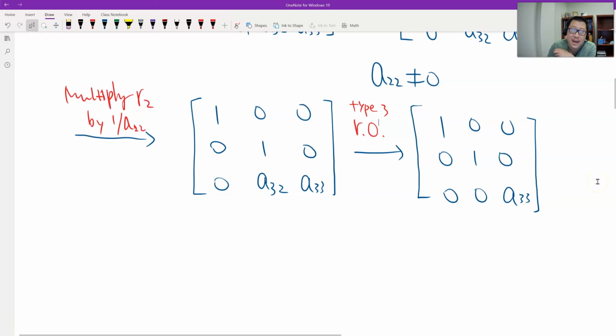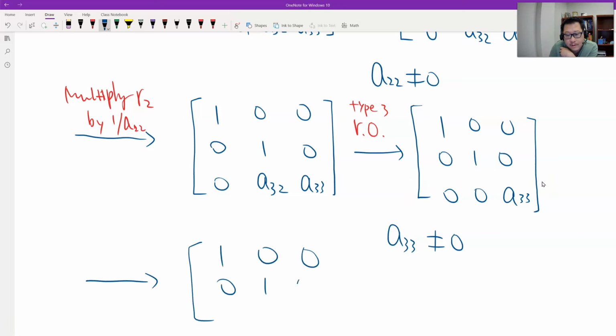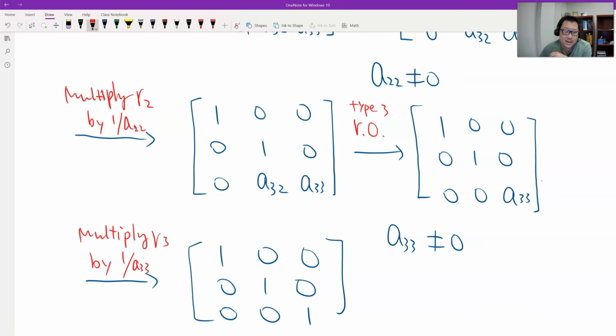So by the same idea, A33 is not 0. So do one more type of row operation: the first type, multiply the third row by 1 over A33. Let me put it here, the last step. See, this is the identity.